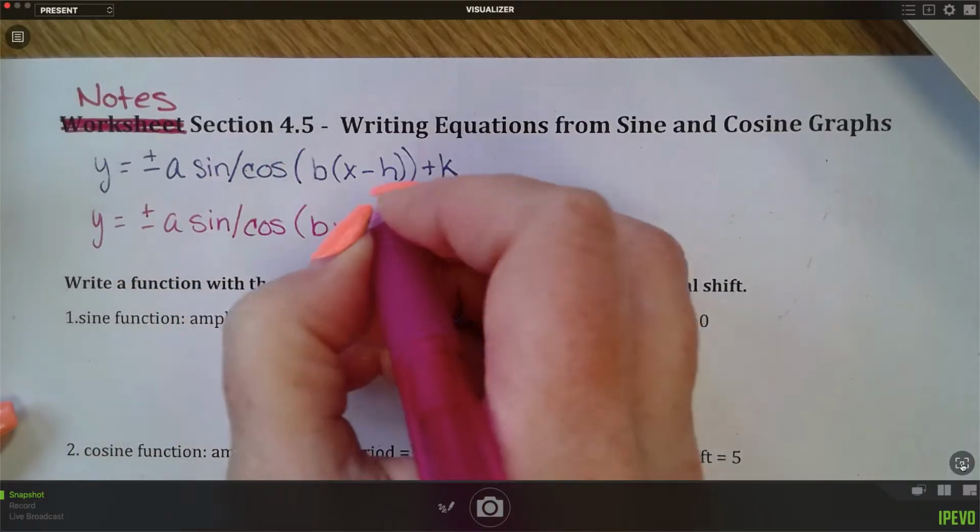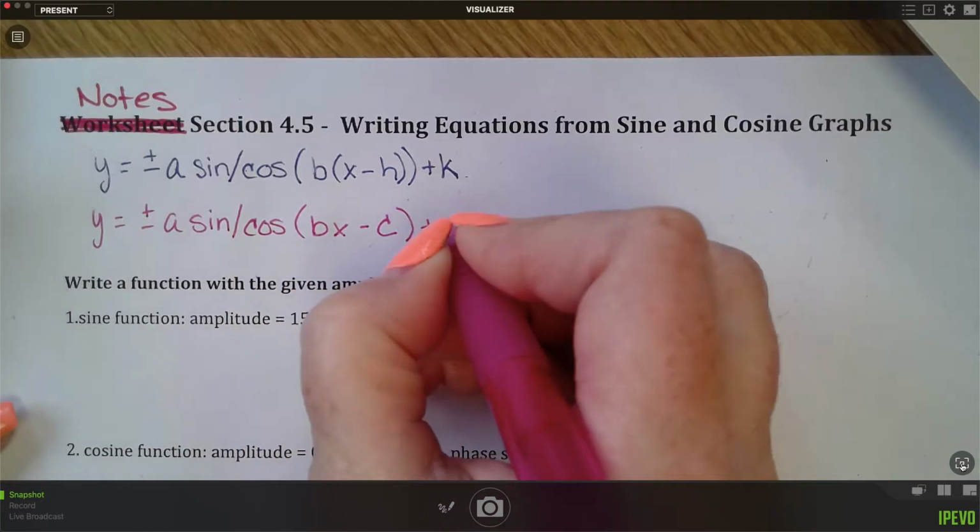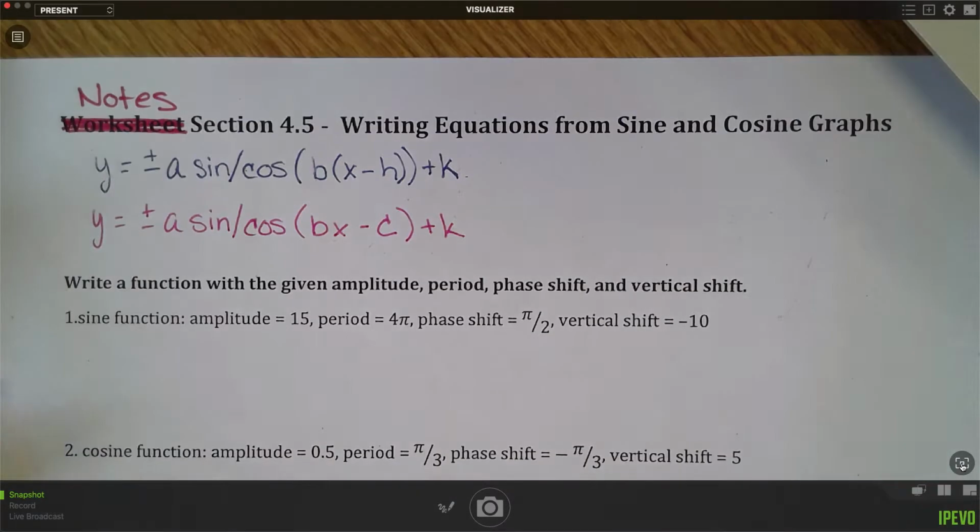So when we distribute our b, it becomes a c or some other random variable. And h is the left or right movement from 0, right? And k is the up or down movement of the axis, and then we count from there. So we're just going to go backwards.